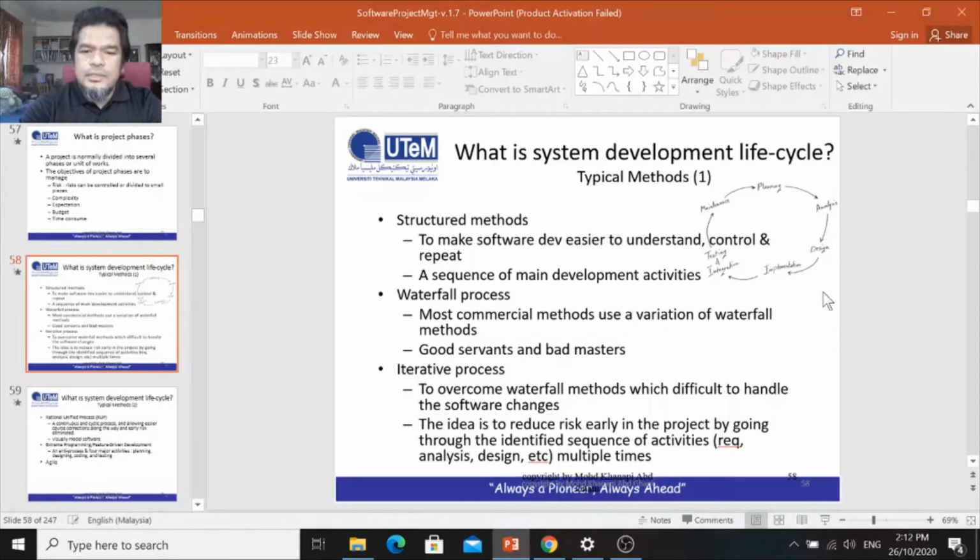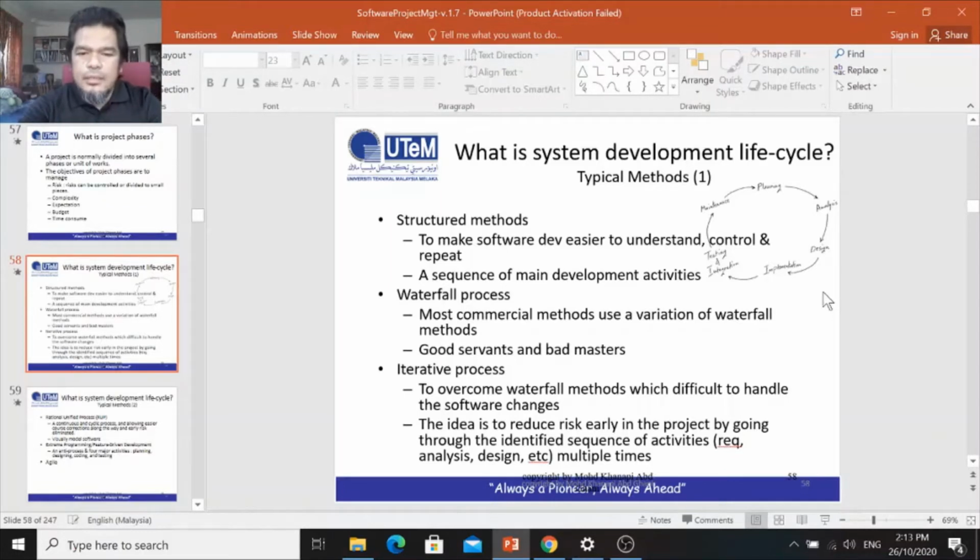If the user says you can proceed with 5 modules, you can start with those 5 modules, and after you finish them until development and deployment, then you can start another 5 modules with the same process. You need to start from analysis, design, development, testing, and deployment. So the iterative process is a continuing process until you complete the 20 modules, for example.